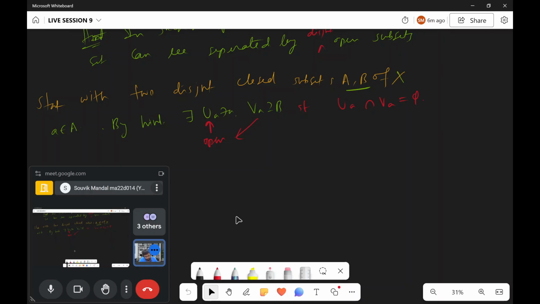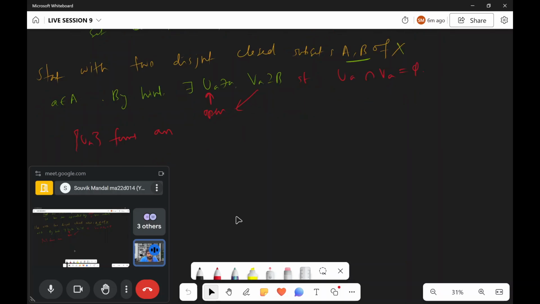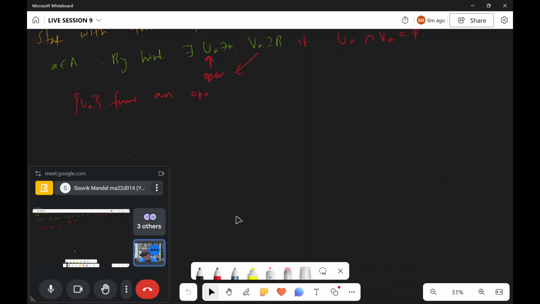So basically, what is happening? This collection of UA forms an open cover of A. Now, A is a closed subset of a compact space, so this implies A must be compact.